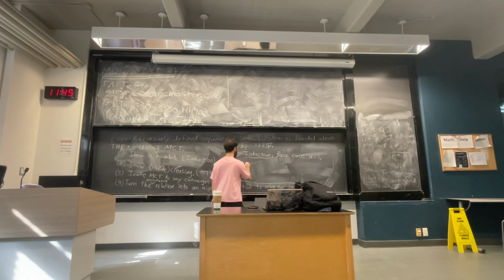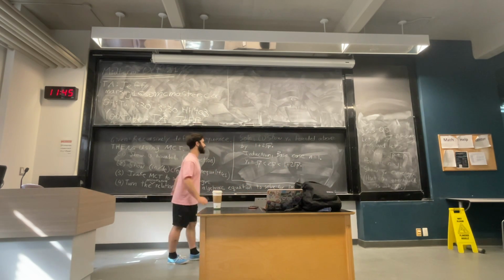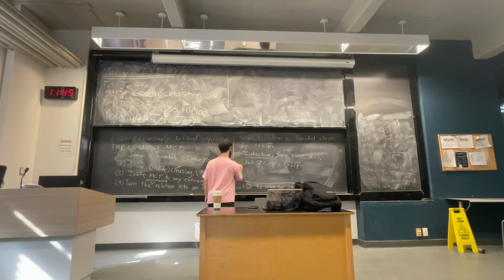It's given that y1 is equal to the square root of p. If you take a positive number and you double it, you get something larger, and then if you add 1, you again get something larger. Okay, base case done. Now the inductive step.